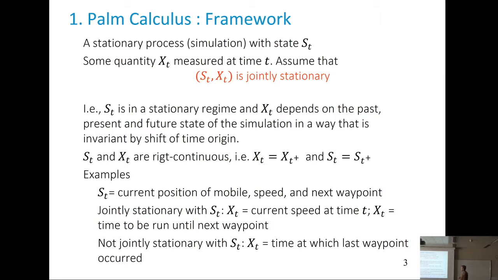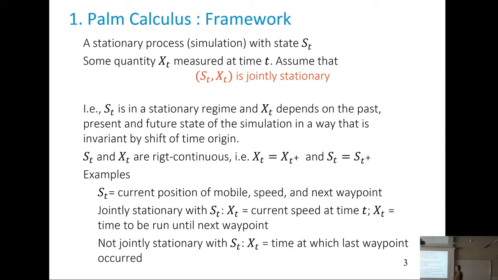It means the classical definition of stationary that we have here, we will see that in practice it means that S(t) is a stationary distribution, and the thing we are observing depends on the simulation state in a way that's invariant by shift of time origin.